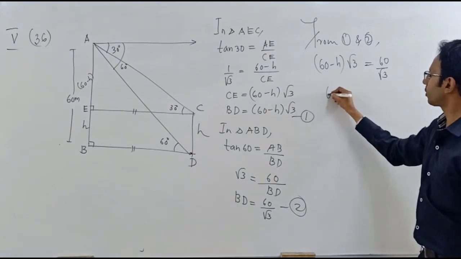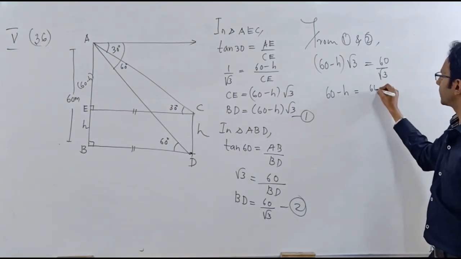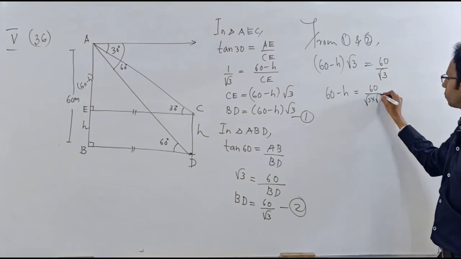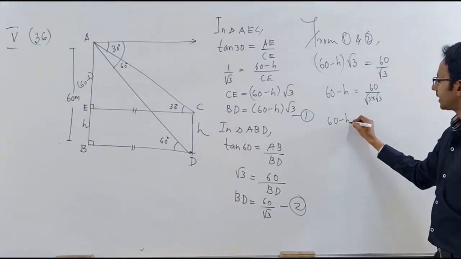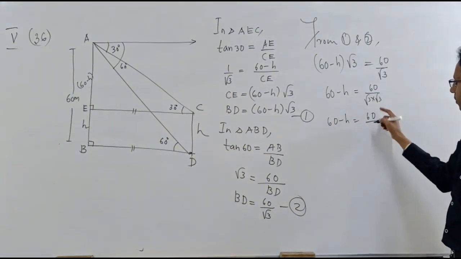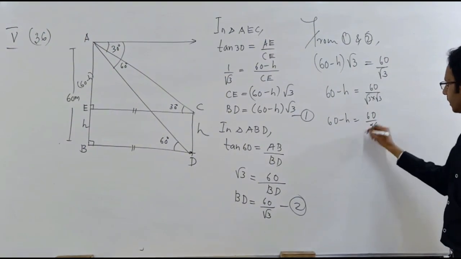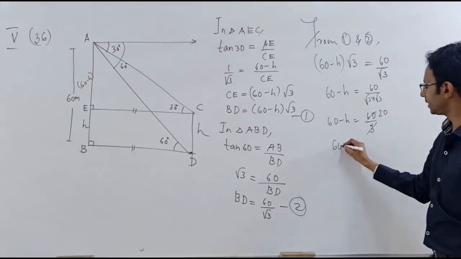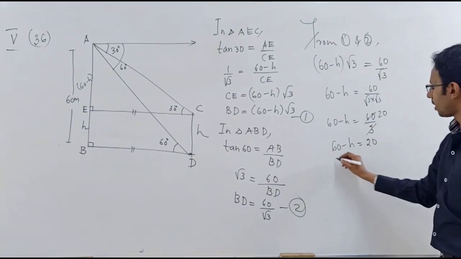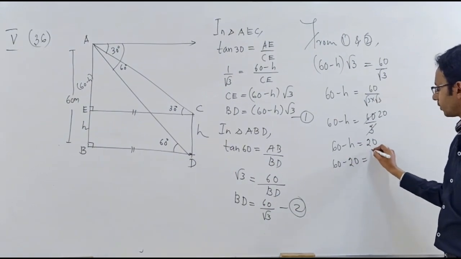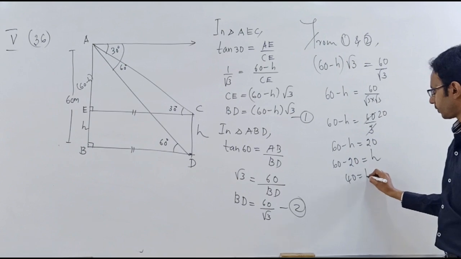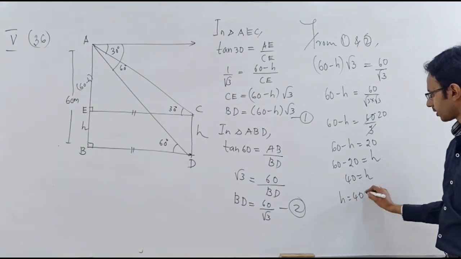Root 3 I can bring in the denominator here. You get 60 divided by root 3 into root 3. So 60 minus h is equal to 60 divided by root 3 into root 3, which is 3. 3 goes 20 times. 60 minus h is equal to 20, or 60 minus 20 is equal to h. 40 is equal to h, or h is equal to 40 meters.